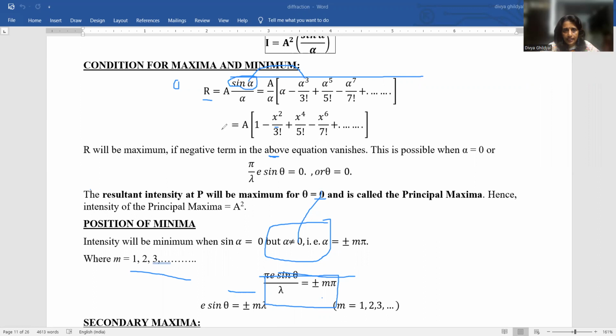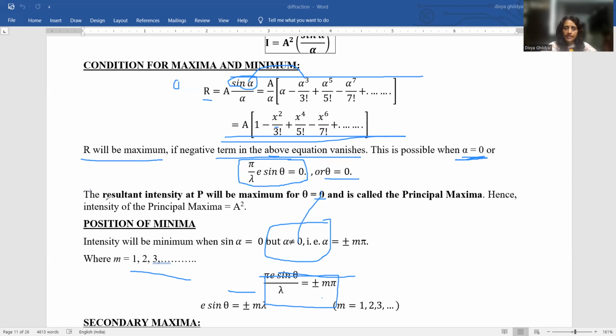They will get cancelled and you will get the expression for resultant intensity in this simplified form. R will be maximum if negative terms in the above equation vanish. This will only be possible when alpha is equal to 0.